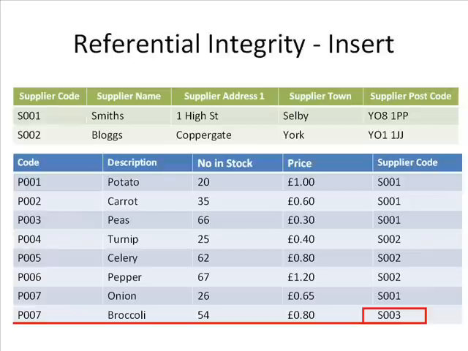And it just doesn't make sense to try and enter a product for a supplier that doesn't exist. And this would actually be a breach of referential integrity. The idea here is that we should enter the corresponding supplier code first in the supplier table, and then after that we can enter the corresponding product codes.